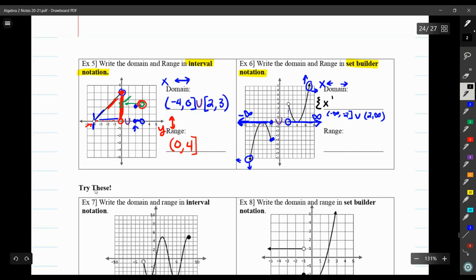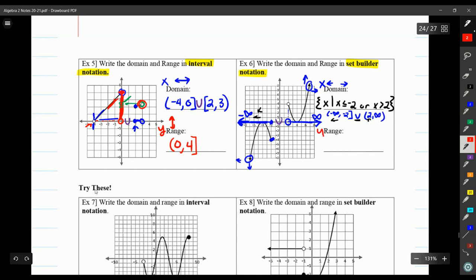So we have x such that, now -infinity up to -2 means I want all of the values less than -2. That's basically shading to the left. Remember, shades to the left means less than. Then I'm going to do or, because that's our union, 2 to infinity. Well, that's the low number, so that means I want all the x's greater than 2. And then close off the bracket. Sometimes interval is easier to start with.